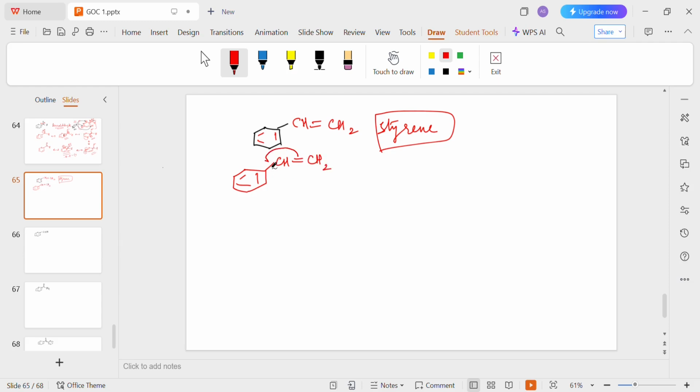In pi sigma pi, this pi bond shifts its electron density to this carbon to give this structure, double bond CH, single bond CH2, and you get a positive charge here because it lacks 2 electrons now, since this pi bond has shifted here. This pi bond remains here as it is.